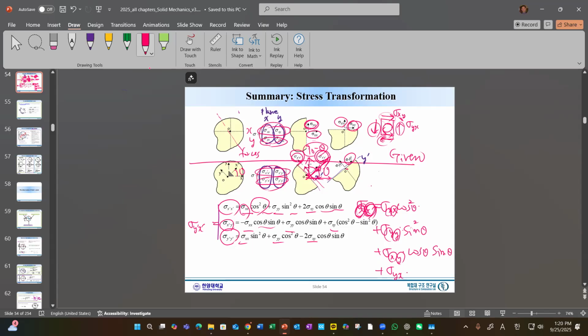And here, x prime and y will be sine theta, and then x prime and x will be cosine theta. So as we already know, these two stress components are the same. Those are shear stresses. So we don't need to repeat, we just say twice. See, that's exactly the same equation, which was obtained from considering the equilibrium, but we can simply say it like this.